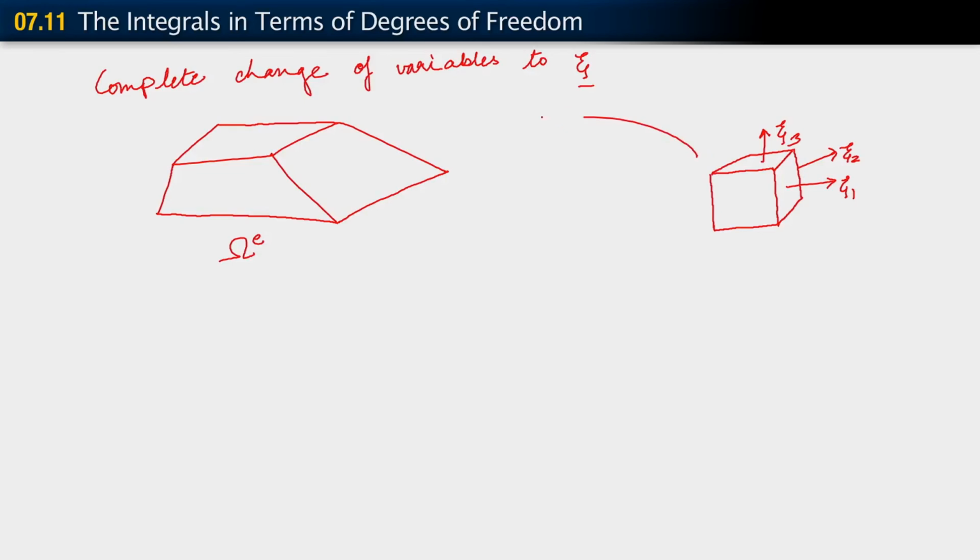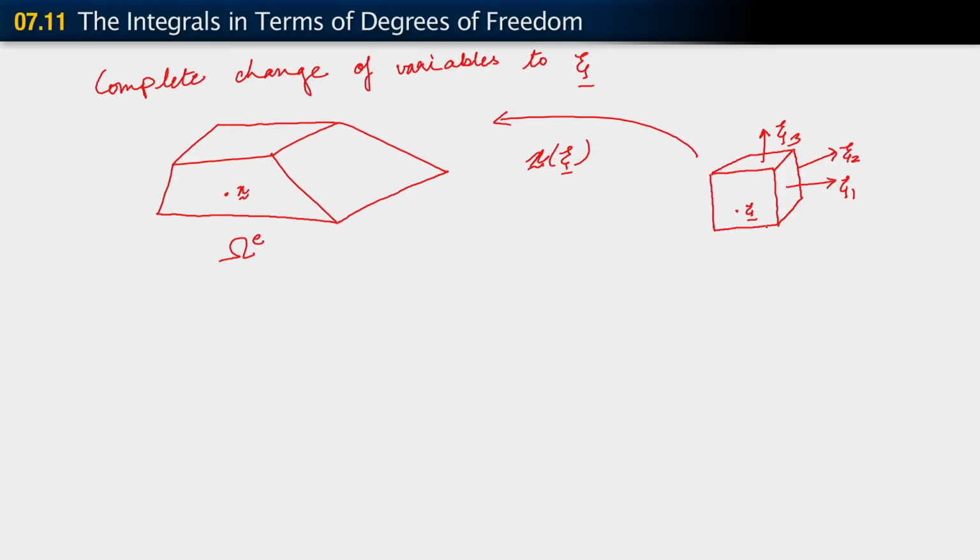And we have our map x of xi, for an arbitrary physical point little x here, and an arbitrary point xi in the parent subdomain.